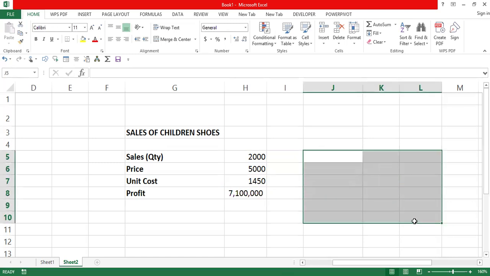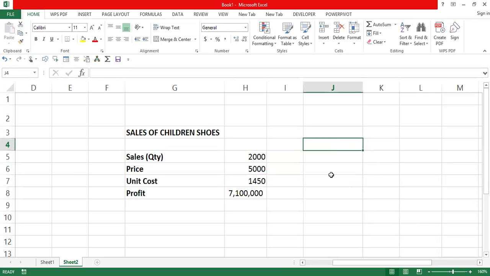Okay, so now we are looking at goal seek. The topic we are considering now is goal seek.